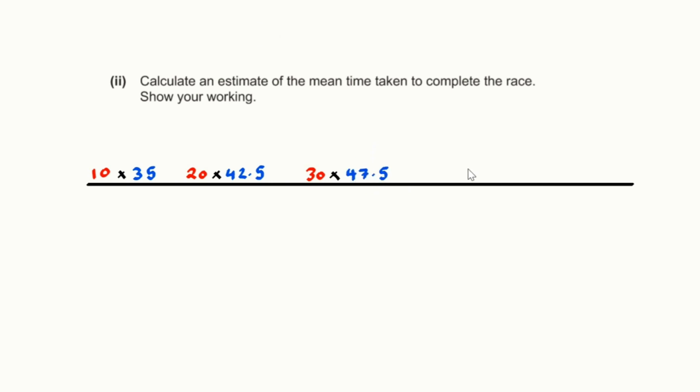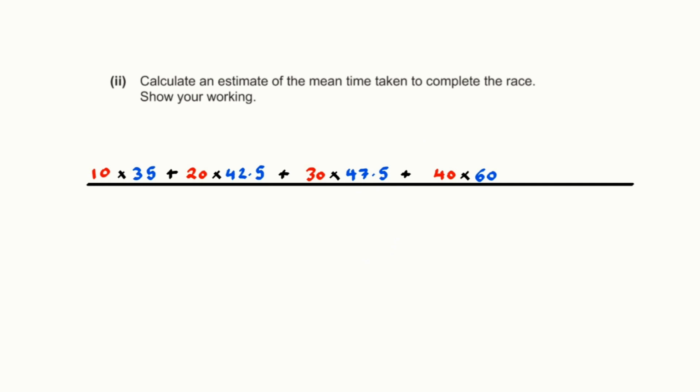And we've also got the 40 being multiplied by the 60. And we need to add all this up. And then we need to divide by the sum of the frequencies.